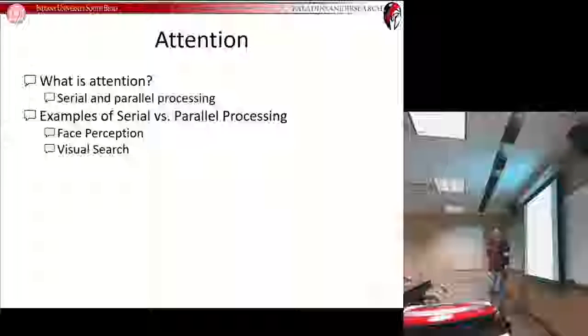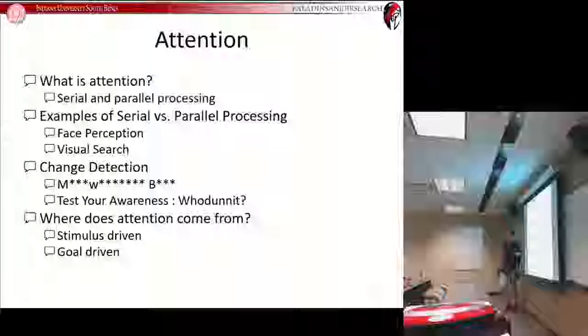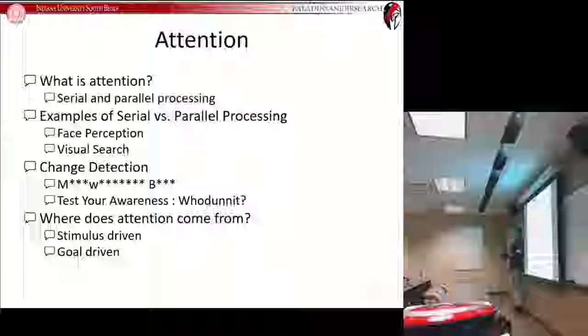We're also going to look at examples of these types of processing with face perception and visual search, and then see the limits of our attention with a little bit of a look at change detection. And then we're going to end it all with a brief look into where does our attention even come from? How is it that we attend to certain things, don't attend to other things? Where is that driving force behind attention?